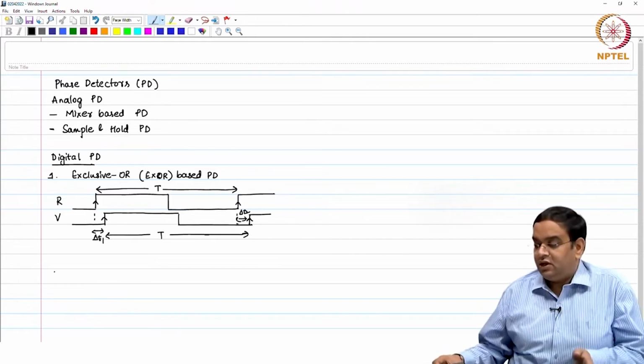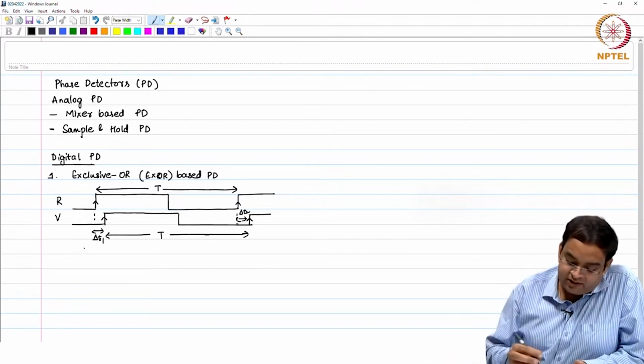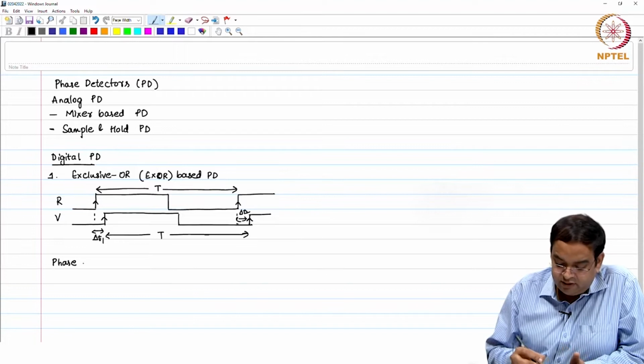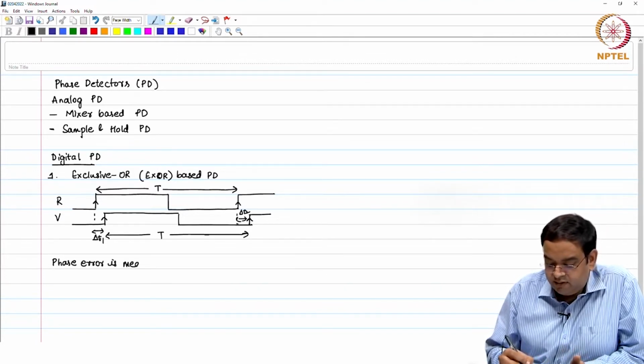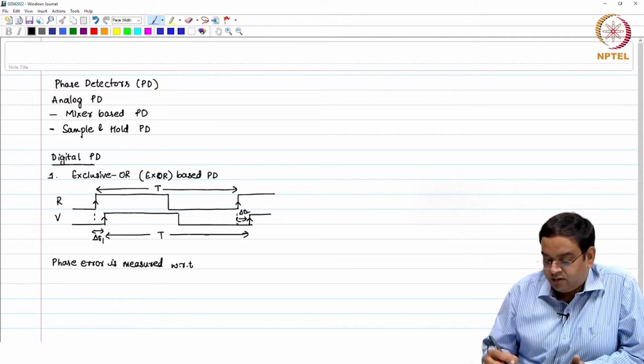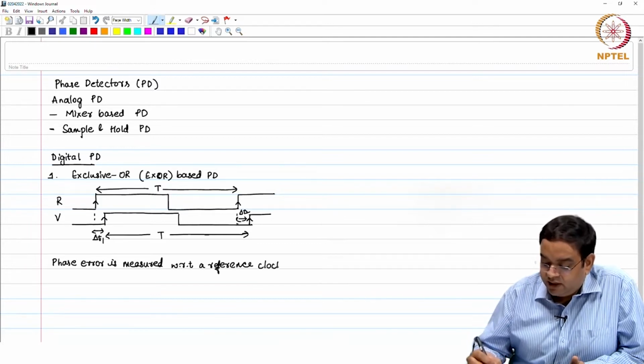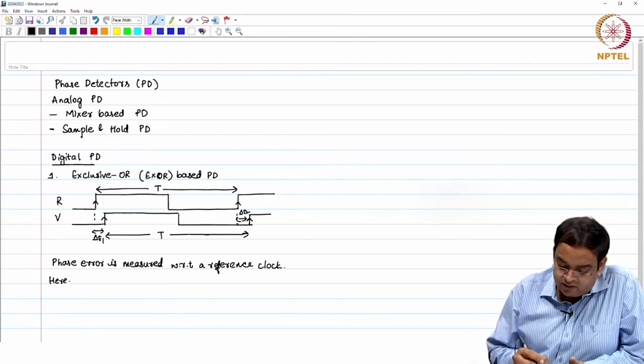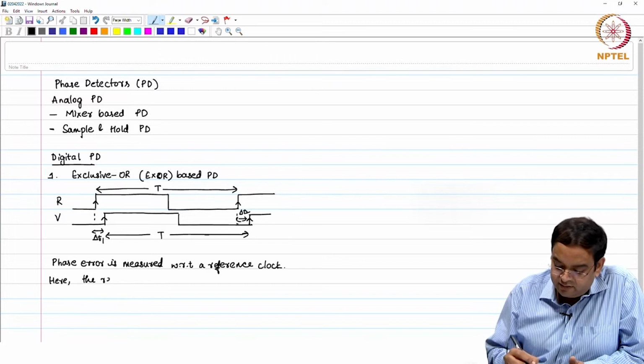A couple of things we need to understand: phase error is always measured with respect to a reference clock. And in our case, the reference clock is R.